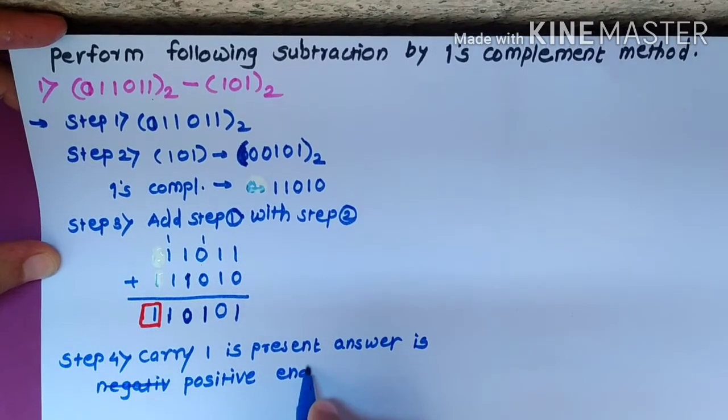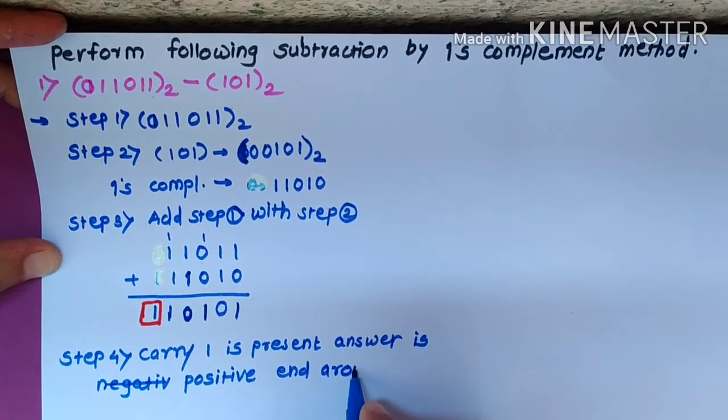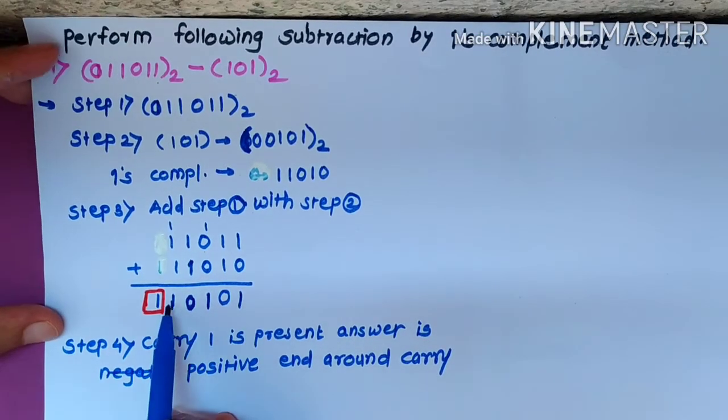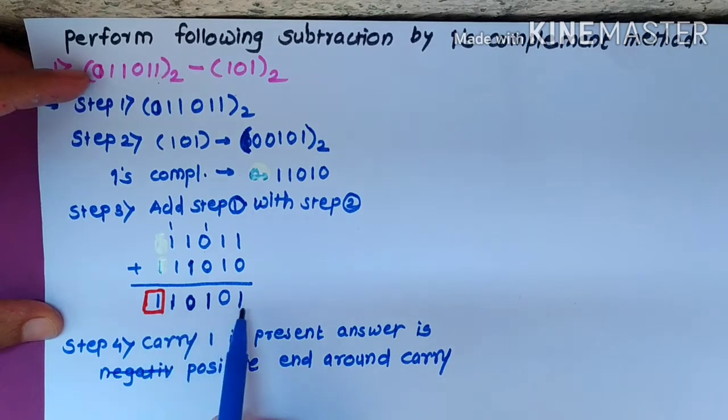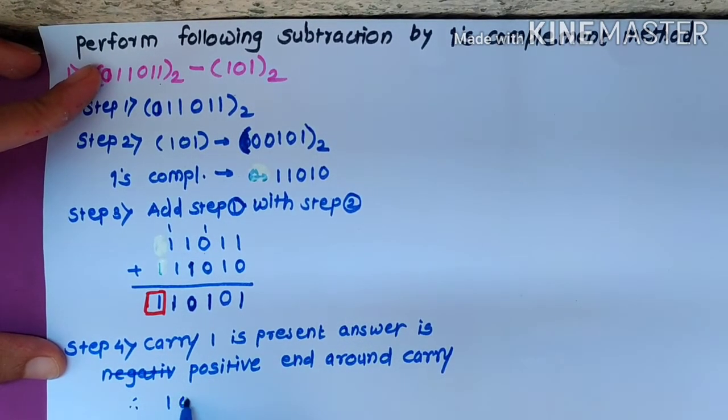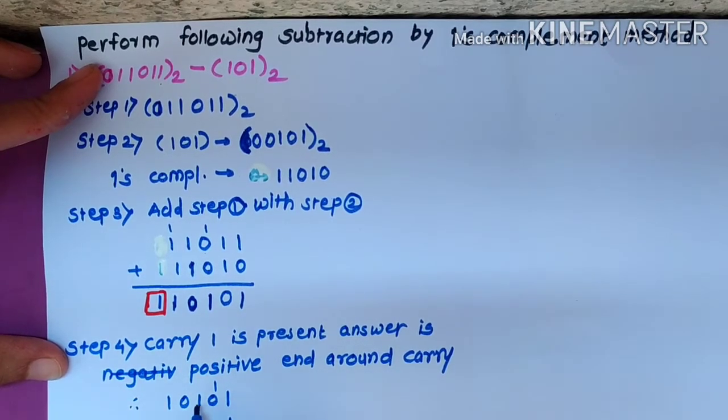And end around carry means what we have to do? We have to add this carry 1 to the LSB. Therefore 10101 plus 1 will get: 1 plus 1 is 0, carry 1, 0 plus 1 is 1, this 101.